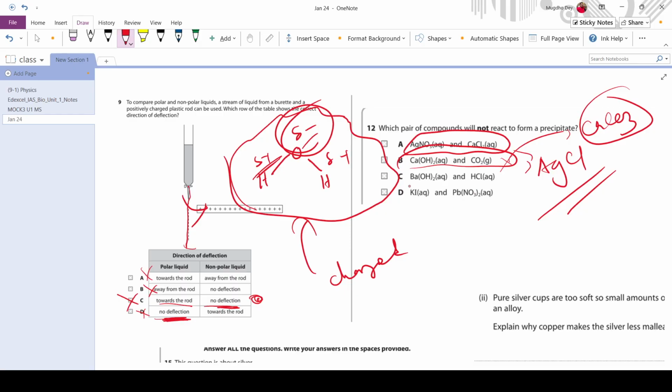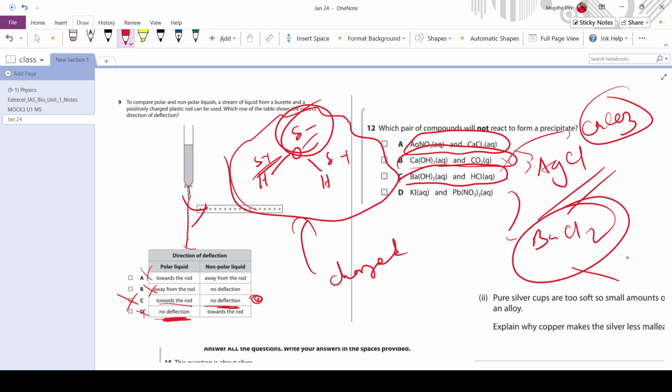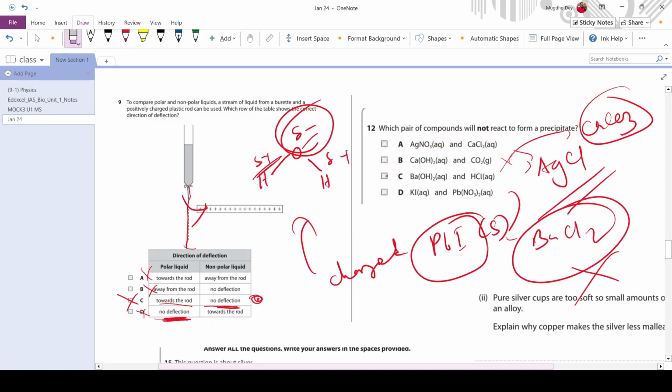Now, this might not. BaCl2 is not a precipitate, not necessarily. Will this? Yeah, PbI2 might. This is a precipitate, a solid. Yeah, C is the answer. Okay, did you understand?